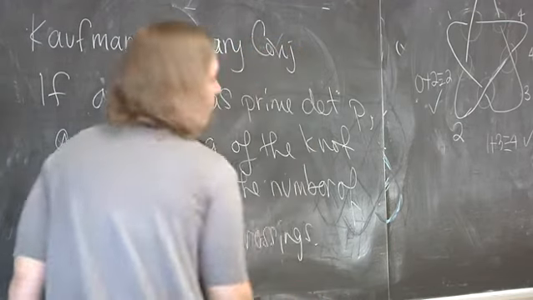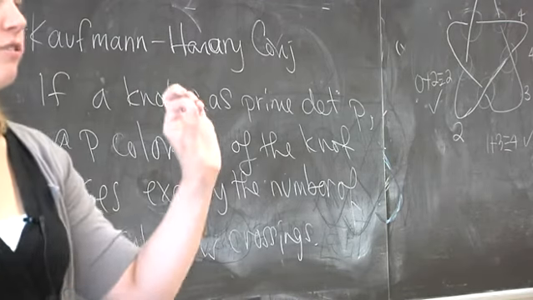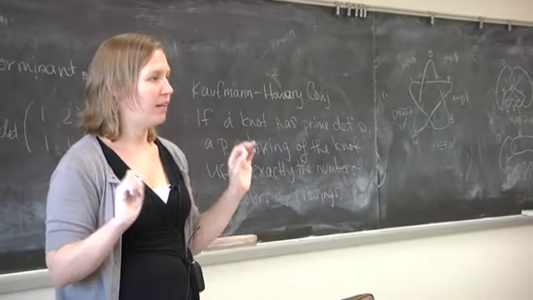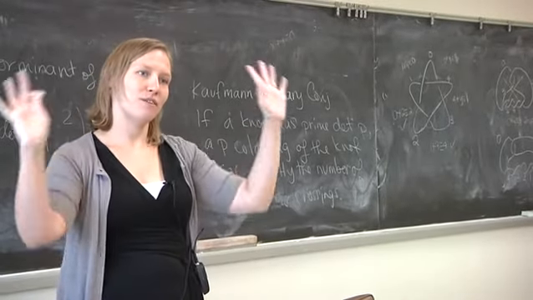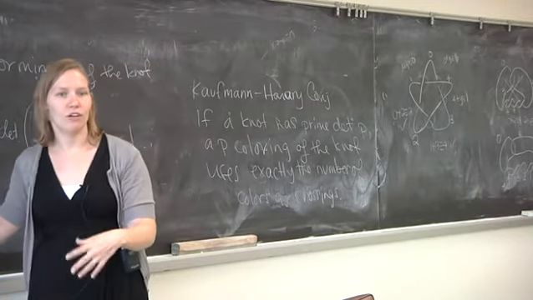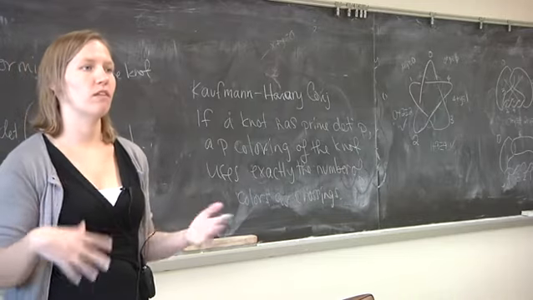And I didn't really say this, but a knot has exactly as many crossings as it has strands. So that means every strand in the knot uses a different color, which makes it very pretty. So that's sort of the most exciting thing I know about it, that if you're coloring with P colors and you have determinant P, then you use all of the colors.